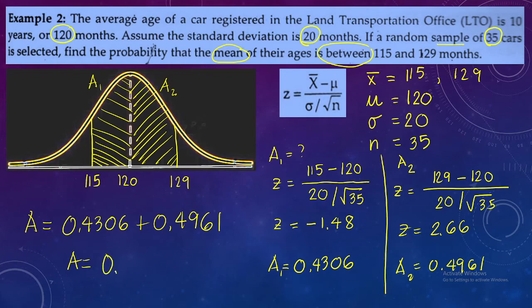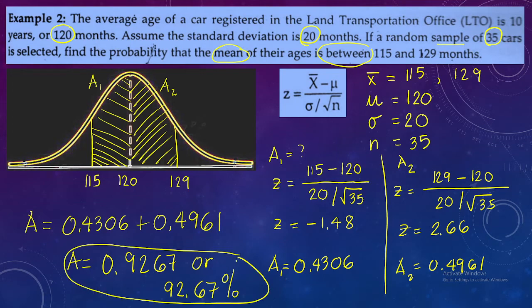This is 0.9267, sir. Okay, or I can have 92.67%. So this will answer our question number 2.